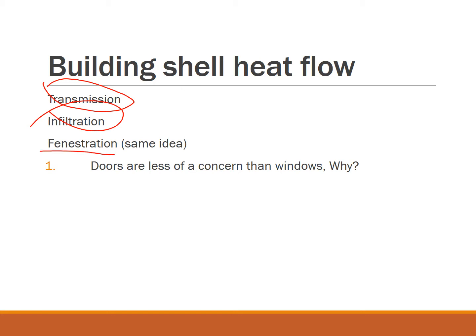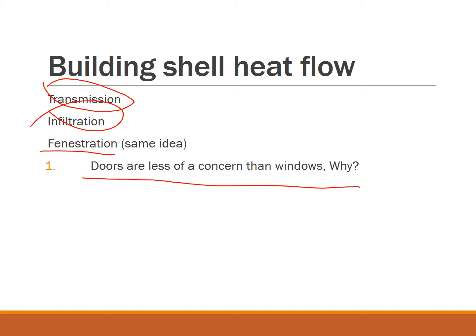Fenestration is a fancy word for doors and windows. So when you have fenestration, this means the doors and windows in that house. Usually with fenestration we have fewer issues than windows because we do not open doors as often as windows. So that is something to consider.